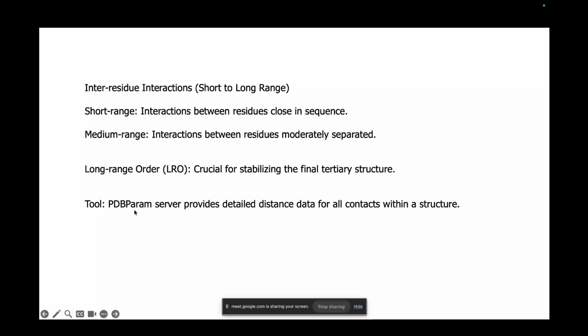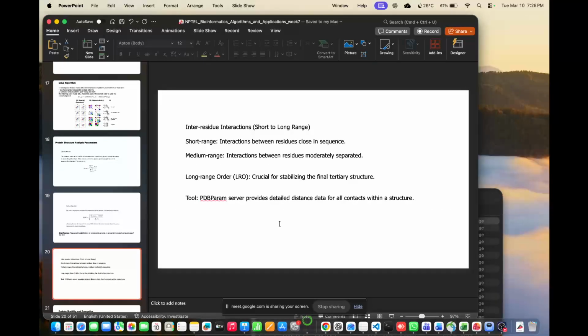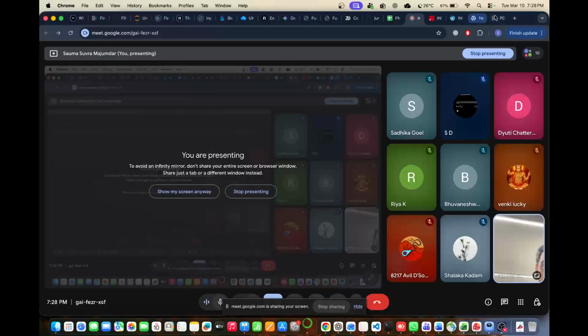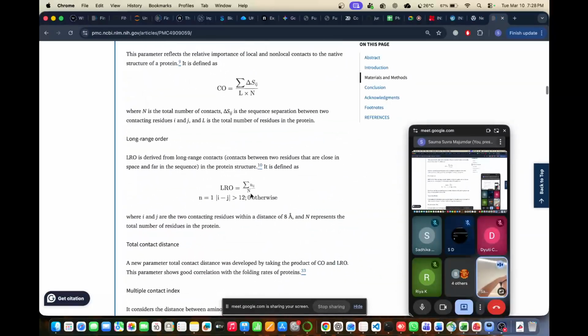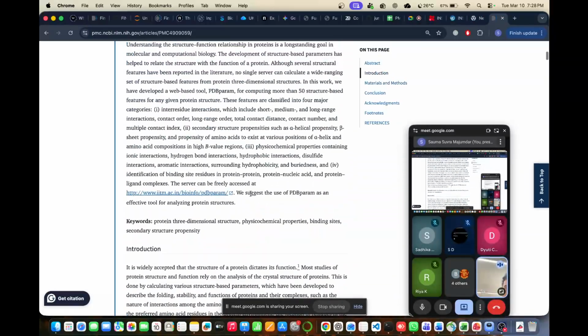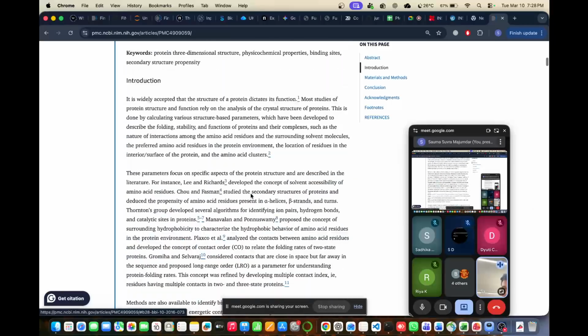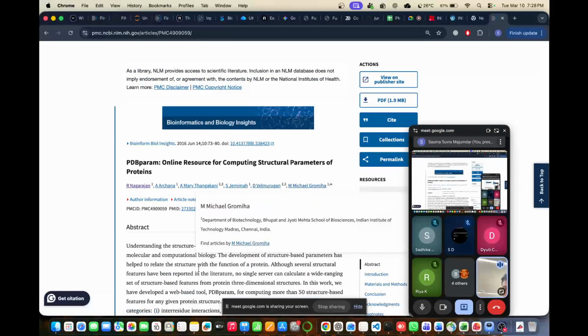So here I was discussing this PDB param paper. I don't think you could have seen my screen, but these are all the parameters that have been described there, and I think this is the paper from Sir.